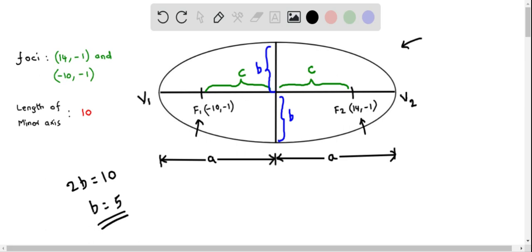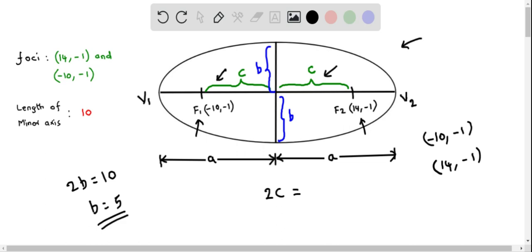Now we will also determine the length c using the two foci coordinates. Since this distance is c and this distance is also c, we can see that 2c equals the distance between the two foci. One focus is at (-10, -1), and the second focus is at (14, -1).